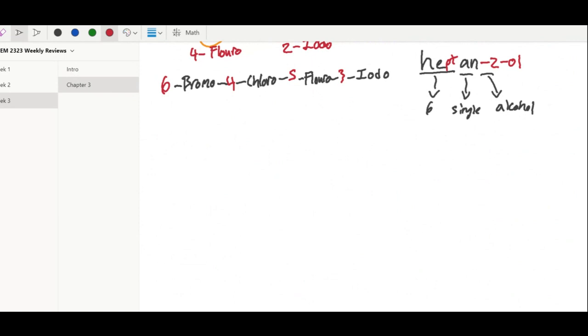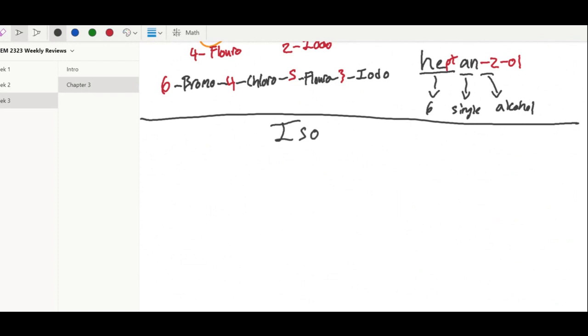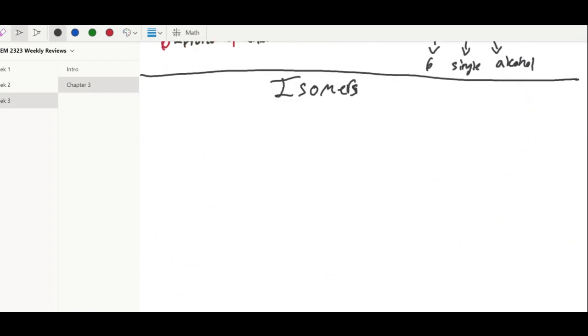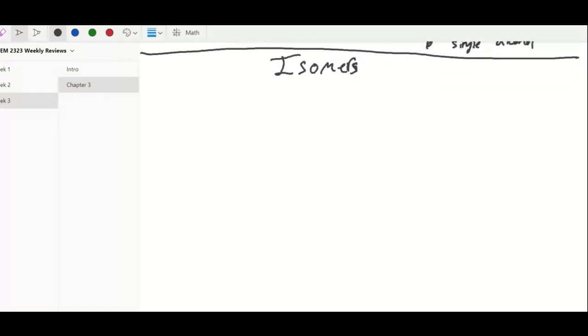So isomers. Some of these I'm not quite sure if you guys have learned yet, but I'm still going to teach it, and whenever you get to it, you'll know it by then.